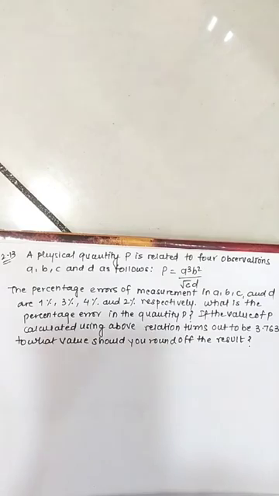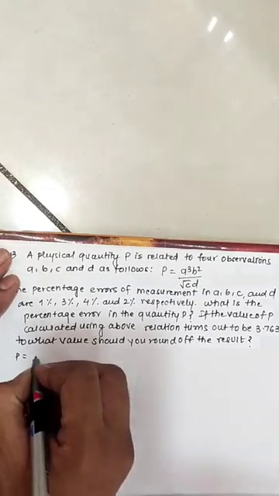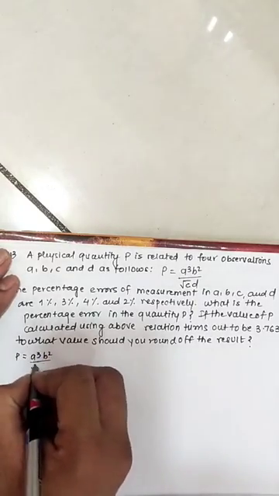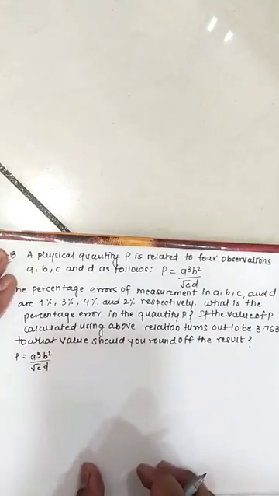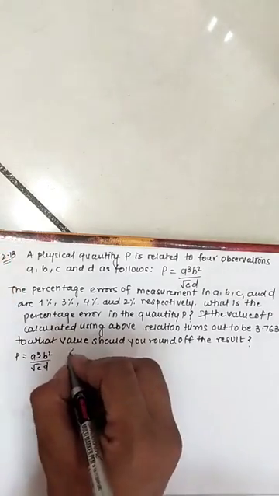Clear? Next example 2.13. A physical quantity P is related to 4 observations A, B, C and D as follows, with the relation given: P is equal to A cube B square under root C D. Till this clear? Percentage errors they have given.